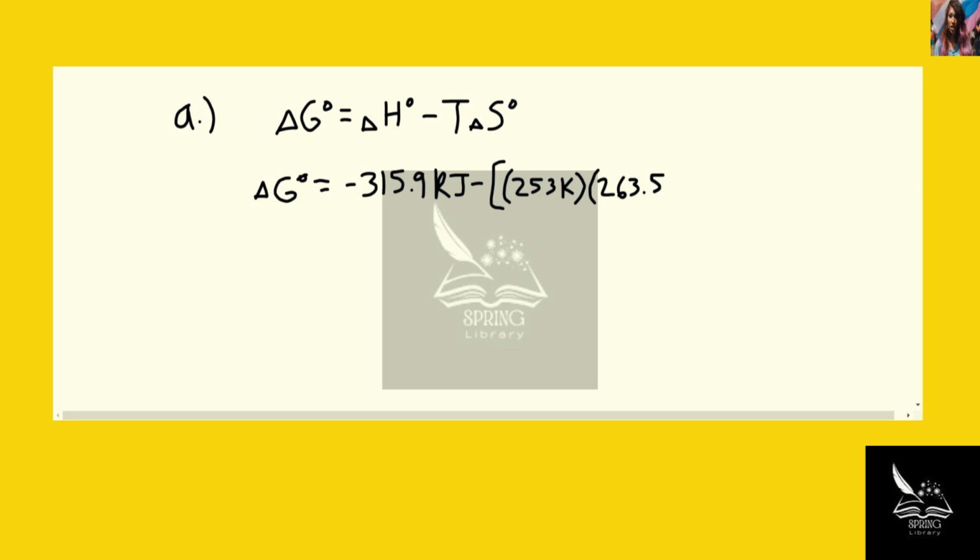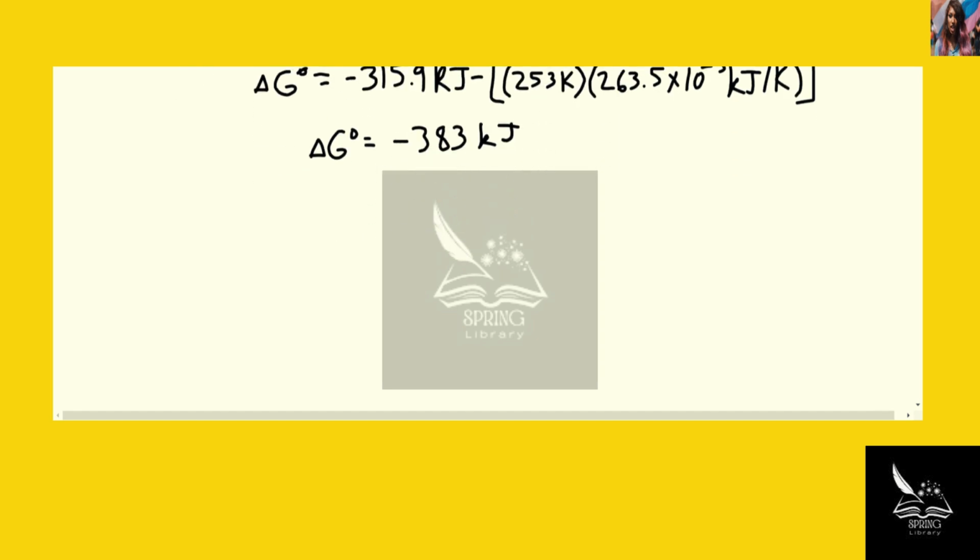joules per Kelvin, and we need to convert this into kilojoules by dividing by 1,000, so that when we cancel off units of Kelvin, we are left with units of kilojoules, which we can subtract. So when we plug that all in, we get a value for the change in Gibbs free energy at standard conditions for this lead storage battery, and that comes out to about negative 383 kilojoules.